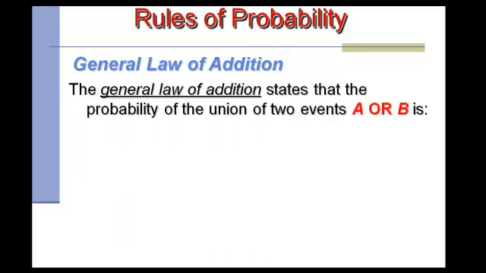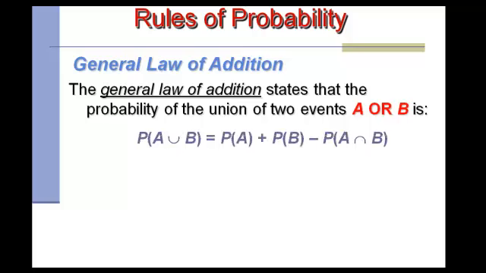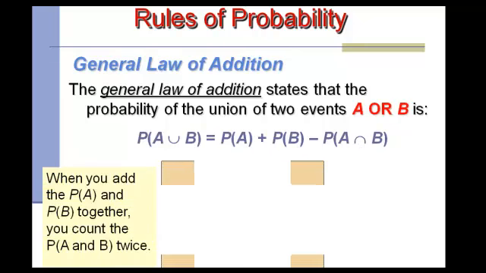Okay. Now, part of these rules of probability, the first one is the general law of addition. It says the probability of the union of two events, the probability of A or B, is the probability of A plus the probability of B minus the probability of both. Let me show you a diagram to help clarify that.